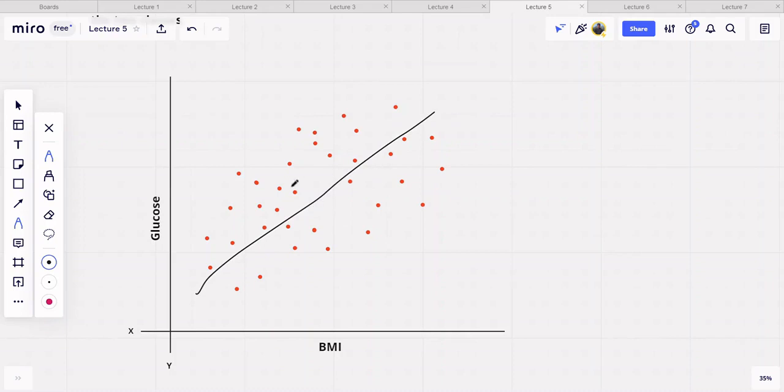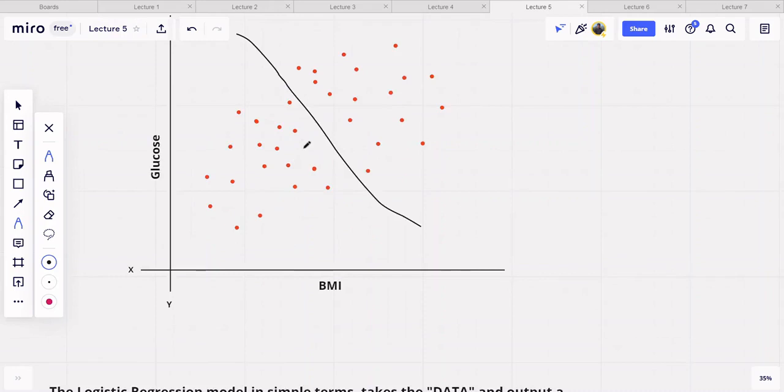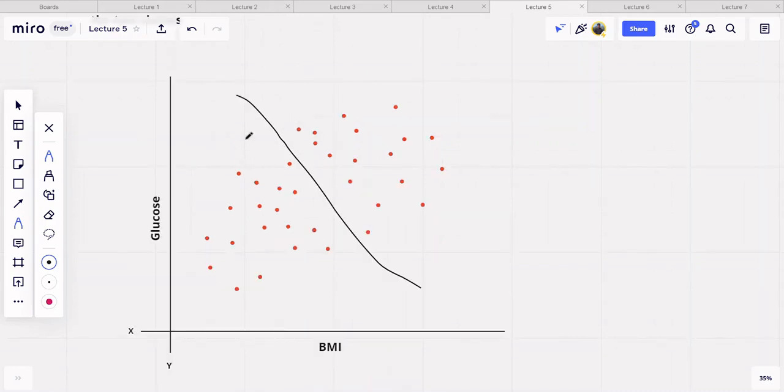But in logistic regression our main goal is to find a line that will separate this data set into two parts. Because what we are trying to do here is classify some samples as belonging to a particular class, and the rest of the samples as belonging to another class.